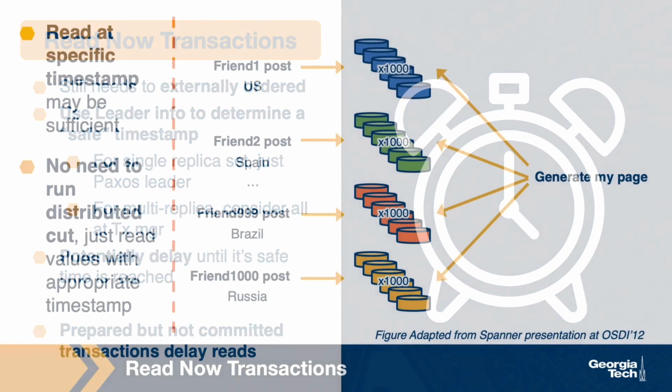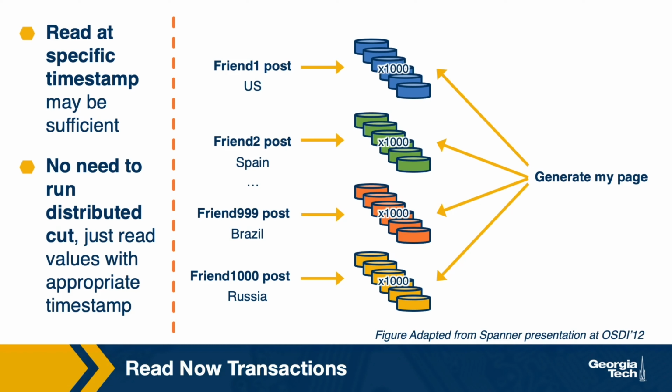It's possible that we don't really need to read the value that's right now. We just need to read a value at some specific timestamp in the past. Those kinds of reads can actually be achieved much more easily given that our transactions are timestamped. If our transactions weren't timestamped, we'd need to run some distributed cut algorithm in order to figure out what the dependencies are, what a consistent state is, and then actually return that state.